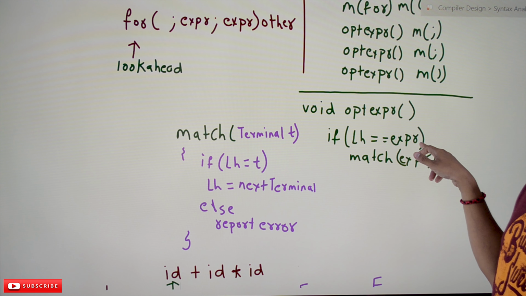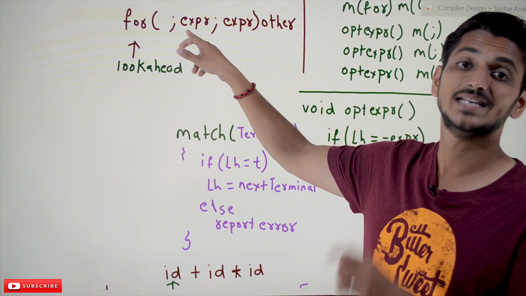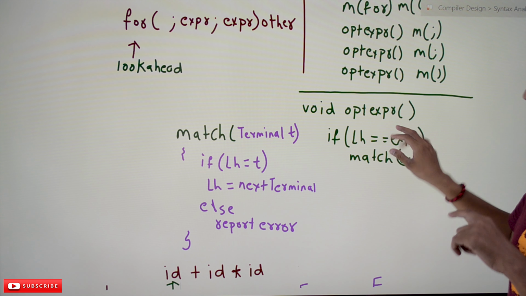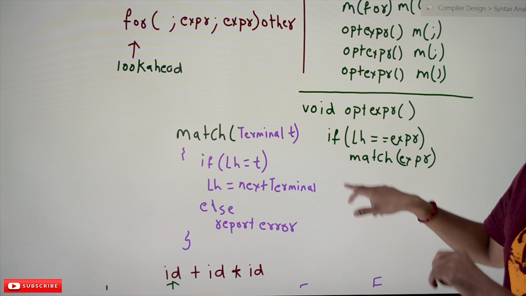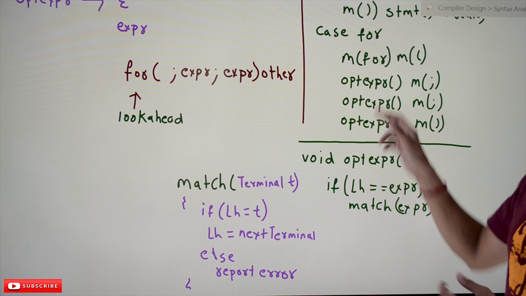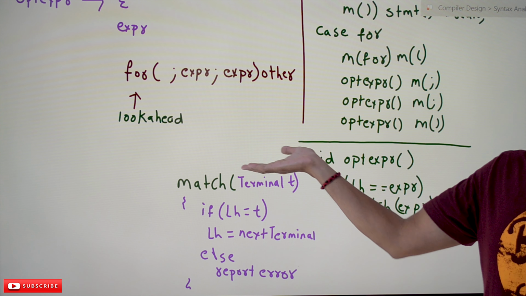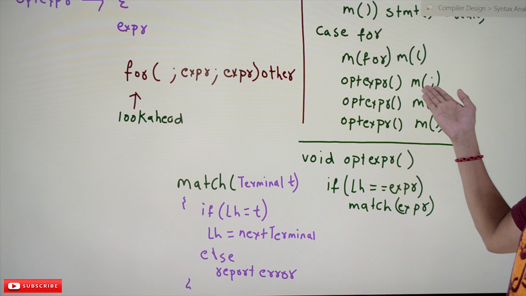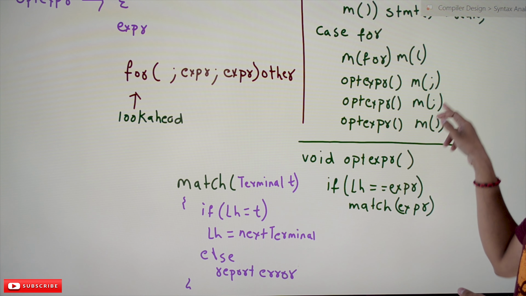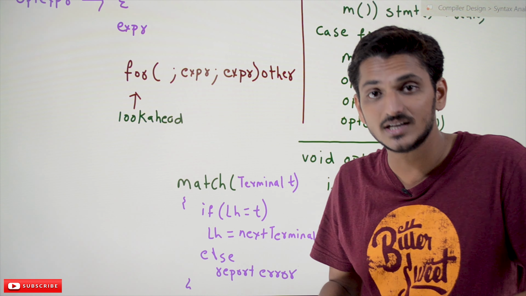If lookahead is equal to expression, but here lookahead is pointing to semicolon, so this if is not executing, but this function has been completed. What is the meaning of that? Indirectly we are taking epsilon. We move to the next function, which is match of semicolon.